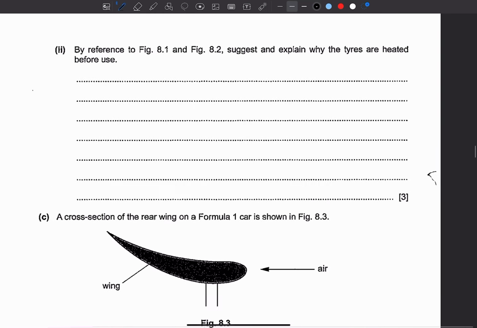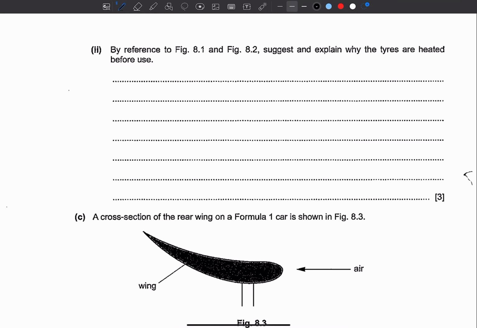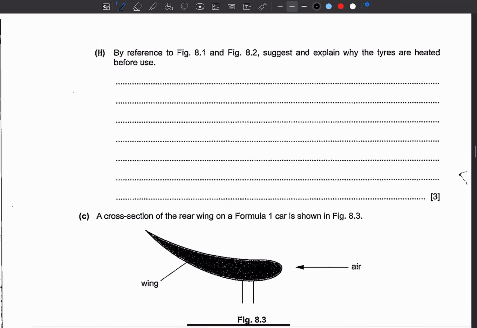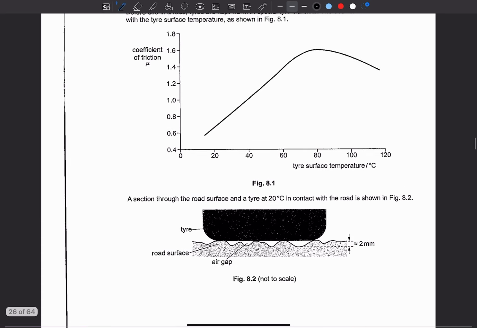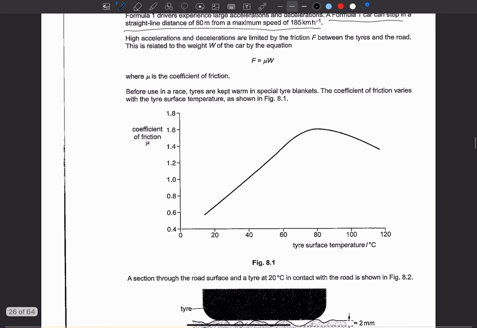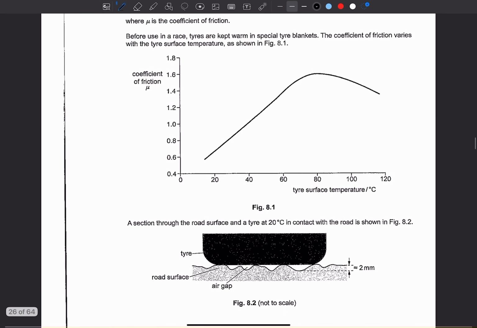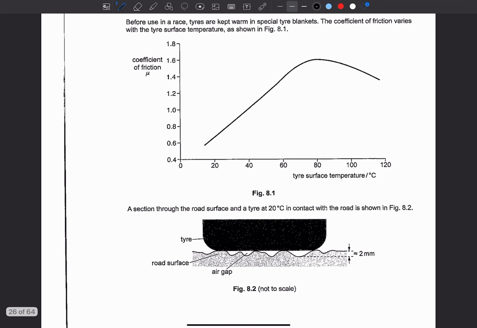Alright. By reference to figures 8.1 and 8.2, suggest and explain why the tires are heated before use. 8.1 and 8.2. Okay. So if you start from the top, it says that before use in a race, tires are kept warm in special tire blankets. Kept warm. And if you look at the x-axis, as the temperature increases from some value to 80, the coefficient of friction reaches a maximum.